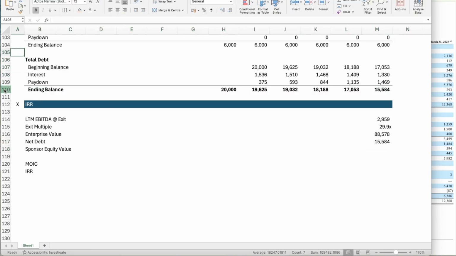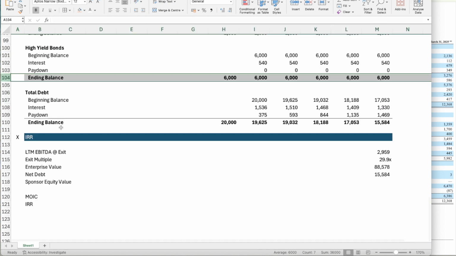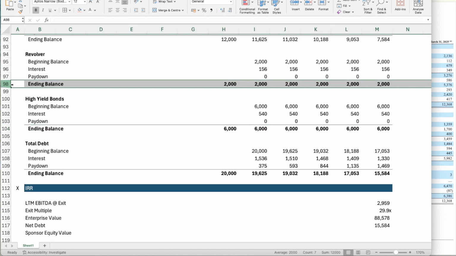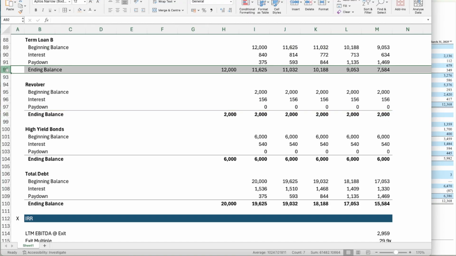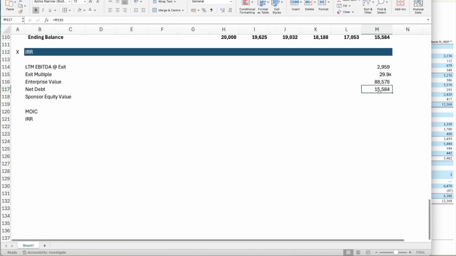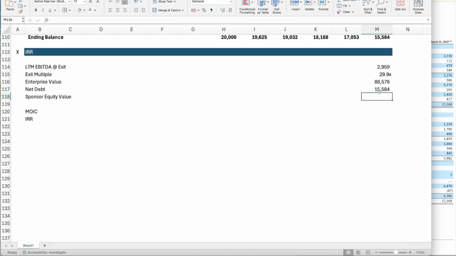On these ending balances, you just bold them all so that they're a bit more visible. Then the sponsor equity value is the enterprise value minus the net debt, and you get 73 billion.